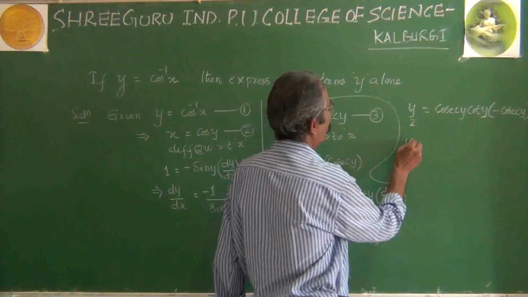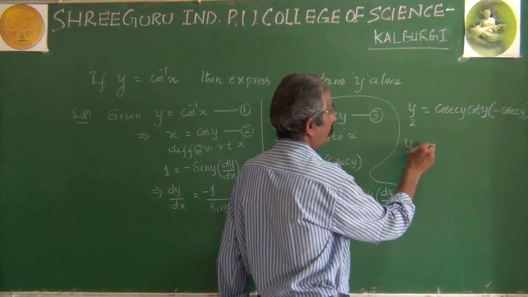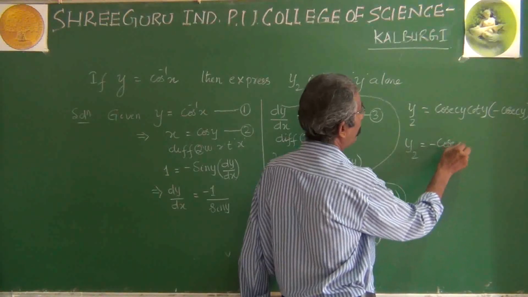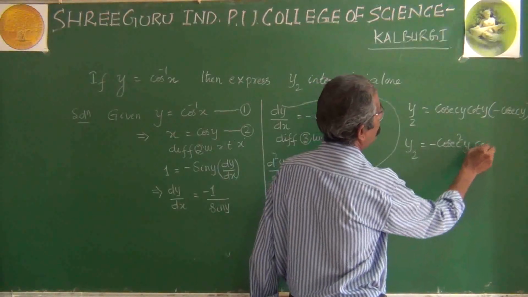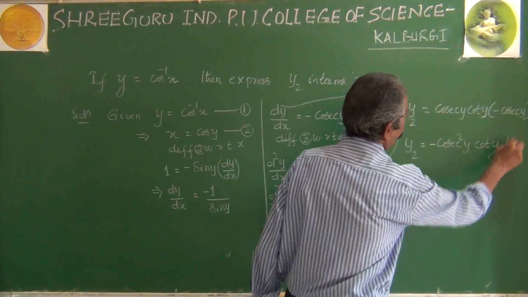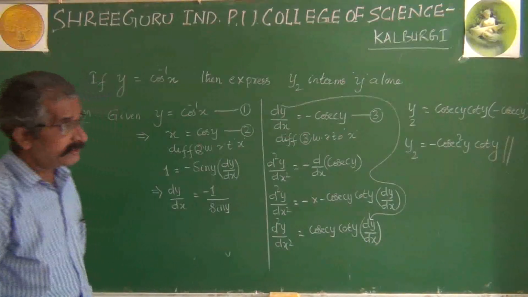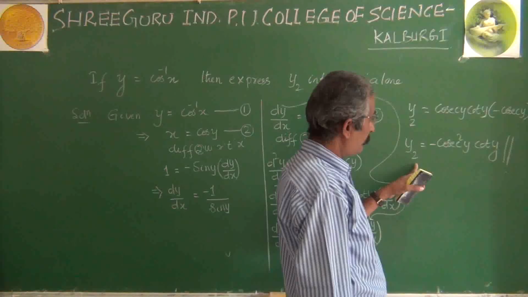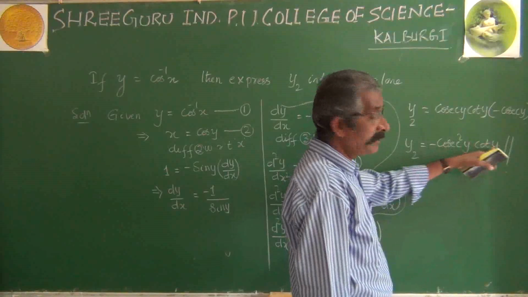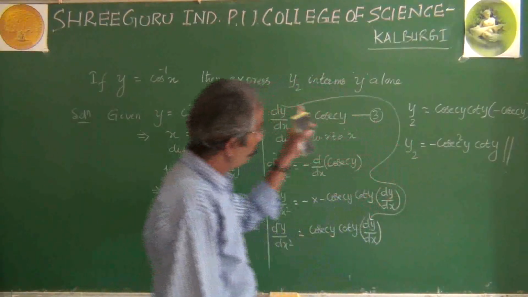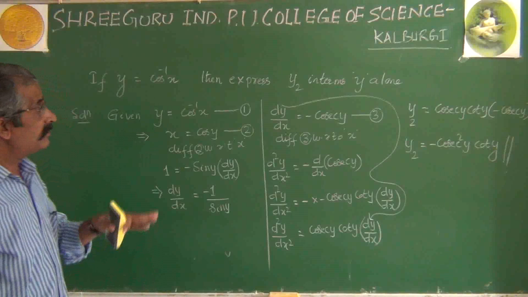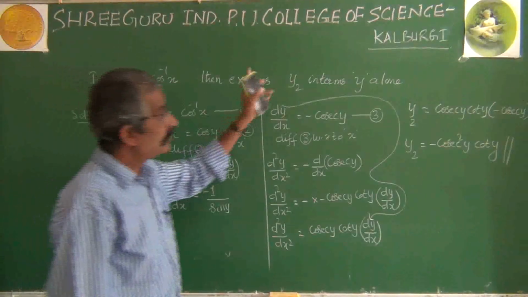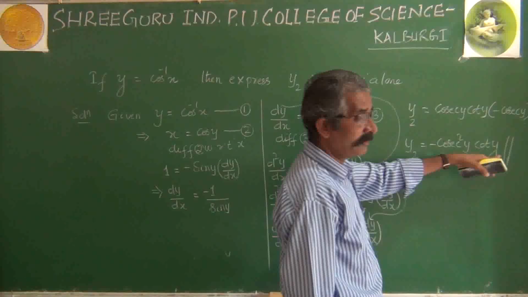Finally, y2 equals minus cosec y into cosec y, which is cosec square y, multiplied by cot y. That's the final answer. By this answer, we can see that we got y2 only in terms of y. That's this problem's speciality. The question was to express the double derivative only in terms of y, and the same thing we got here.